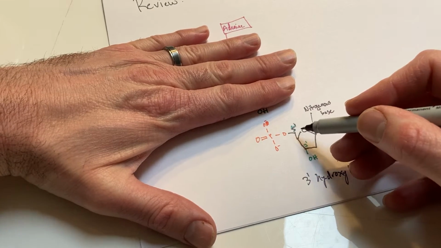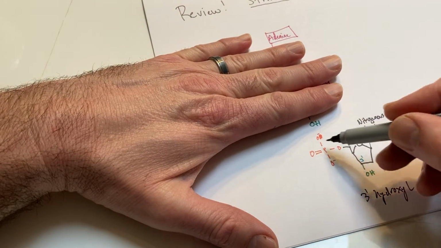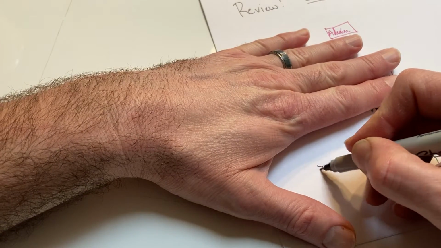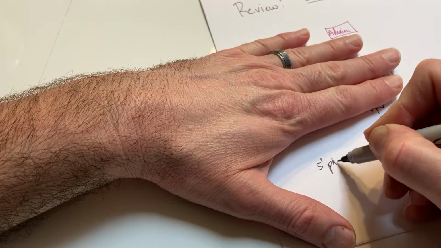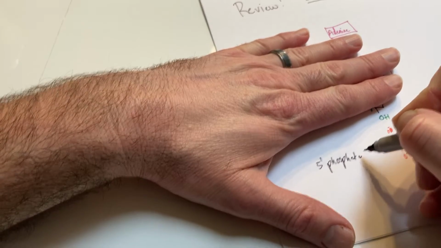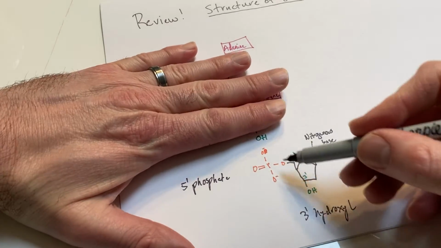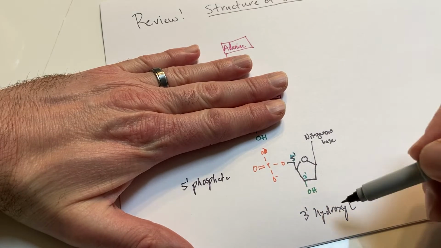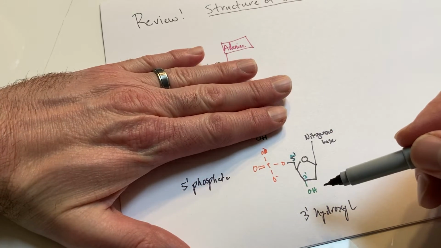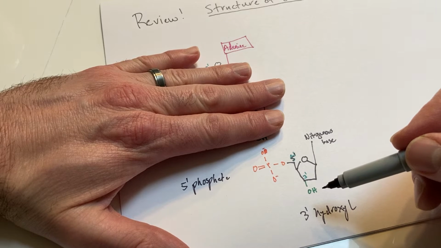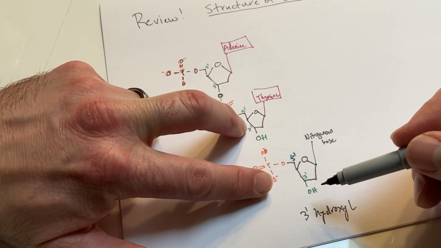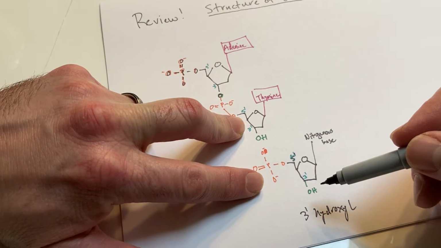And off of the 5' carbon is the 5' phosphate. So 5' phosphate. Now these are the two functional groups, the hydroxyl and the phosphate, that participate in the reaction that joins two nucleotides together. That is the dehydration reaction.